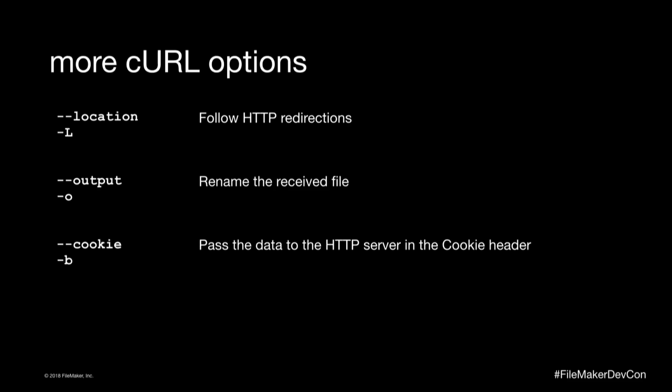Output just gives a name to a file when we download it. So in that case, I put that logo, that image, in a container, and I just wanted to specify a file name. So I used the option -o. Cookie. We're not going to use cookie today, but Steve Winter used it last year.